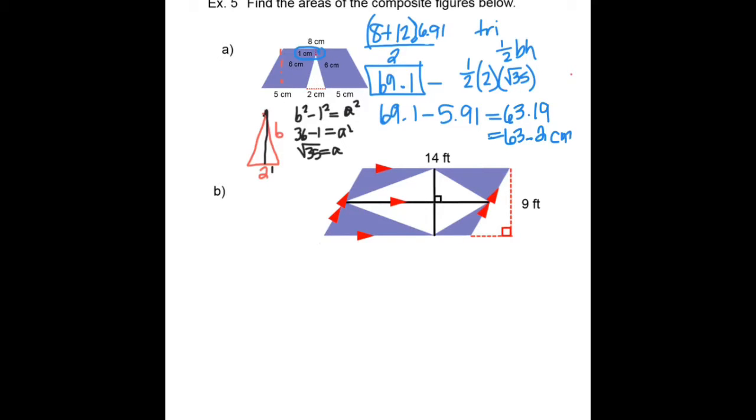centimeters squared. The second shape looks to me like a parallelogram, which is base times height, and a kite. 1/2 d1 times d2. So the base, 14, times the height, 9, is 126.